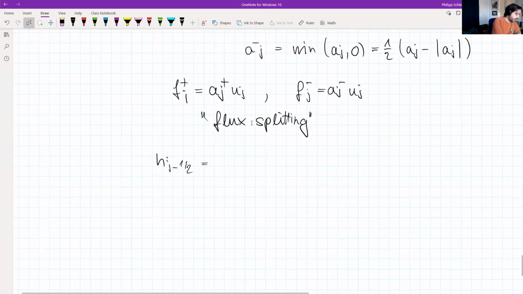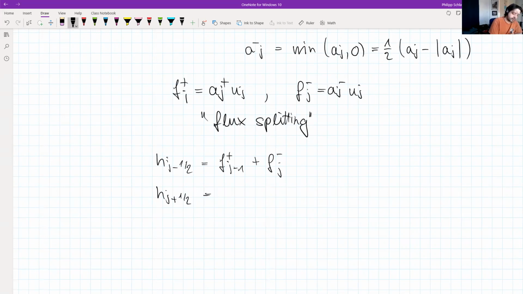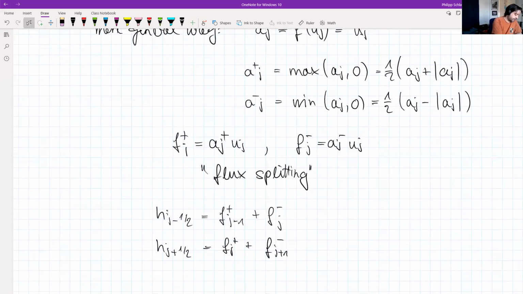Well, if I now put everything together, I can write down that H_{J-1/2} is the combination of the positive flux at J minus 1 and the negative flux at F_J. In the same way, H_{J+1/2} is F_J plus and F_{J+1}, but then the minus. Now, we have written down all the equations for the fluxes.